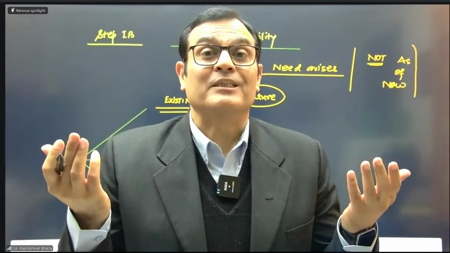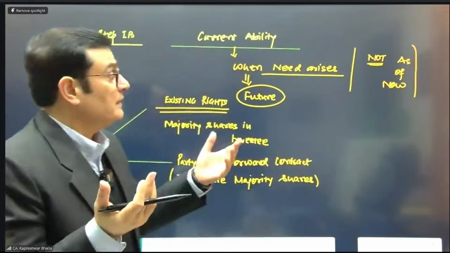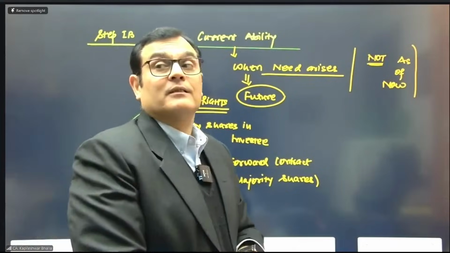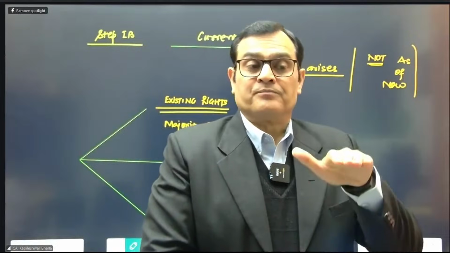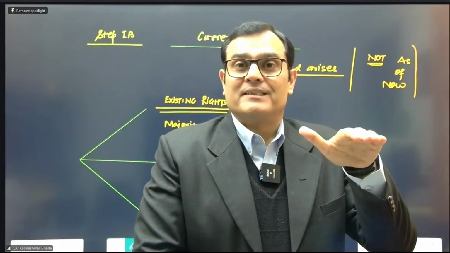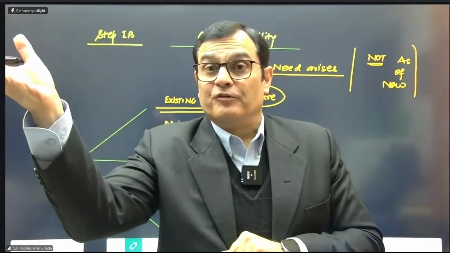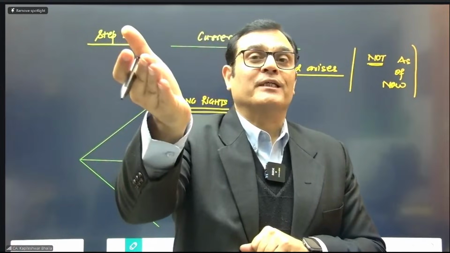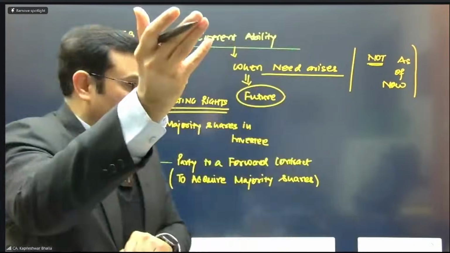So, does it put me into a current ability? Does it put me into a situation that when the need arises, I will be taking decisions at that stage? Today, I may not have voting rights, but before the meeting, the forward contract is settled. I will be in a position to take decisions at that time, in the future.